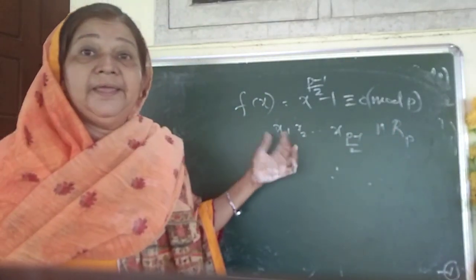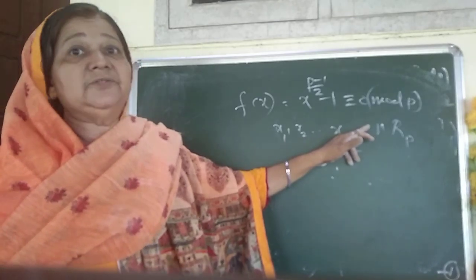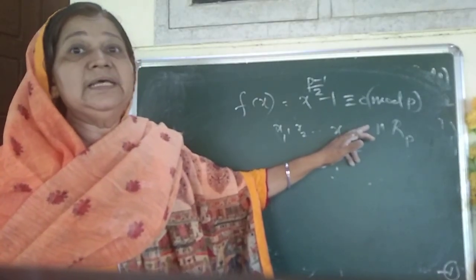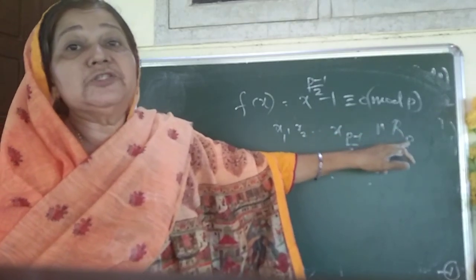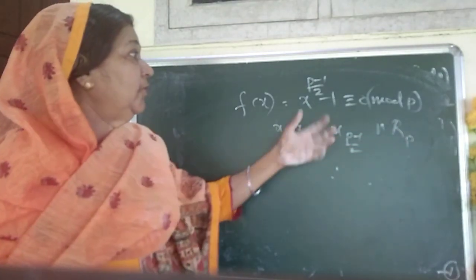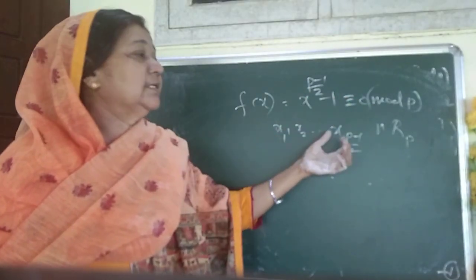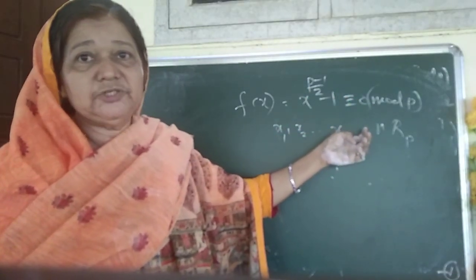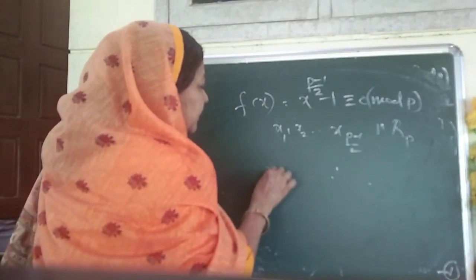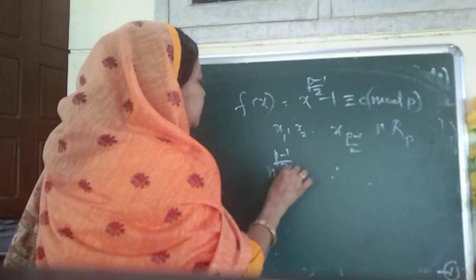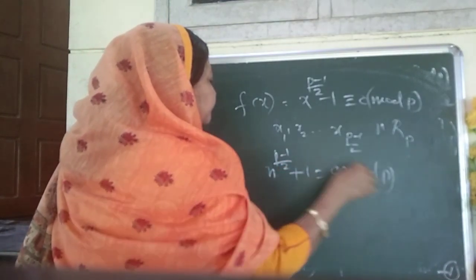But in the third case we assumed that n is a non-quadratic residue modulo p. Therefore, n does not belong to x1, x2, etc., x_{(p-1)/2}. Therefore, we have the other equation, that is n raised to (p-1)/2 plus 1 is congruent to 0 mod p.